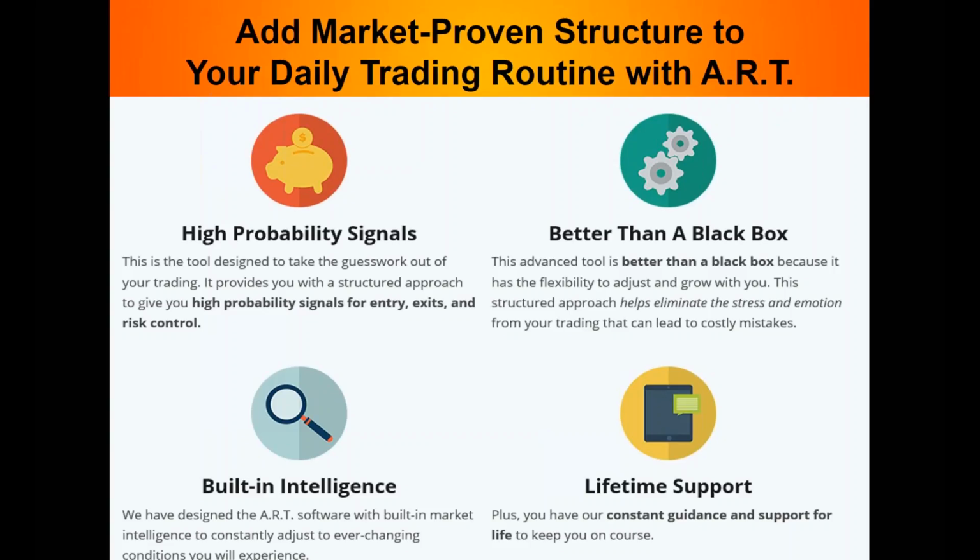It's better than a black box system simply because you can also create some trading rules around when to scale out, and we're going to give you the basics on our trading rules that we think work best. But some people like to tweak them a little bit to how they trade, and there's no problem with that as long as you test it and your P&L proves that that's a good thing to do.